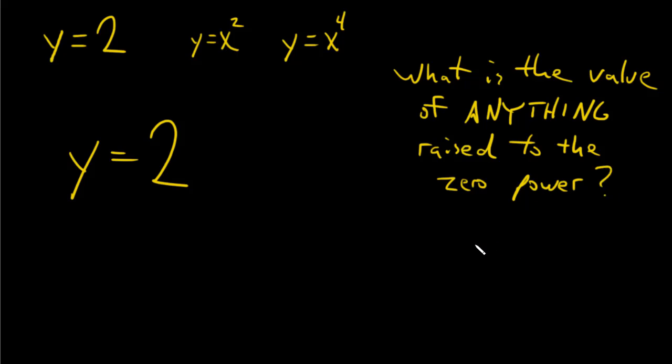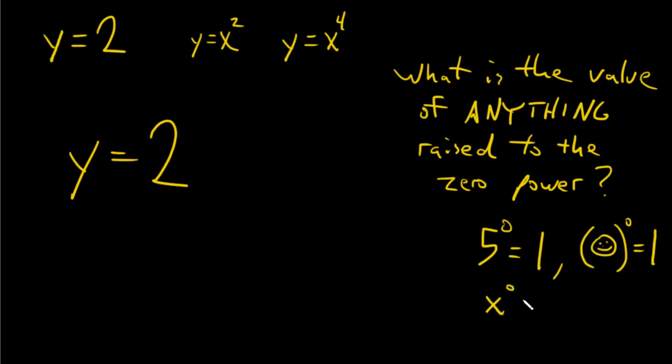Well, we studied that a long time ago. If I had 5 to the 0 power, what is that equal to? It's equal to 1, right? Doesn't matter what is raised to the 0 power. I could have smiley face raised to the 0 power, and it's still going to equal 1. Anything raised to the 0 power is equal to 1. That includes x. So x to the 0 is equal to 1.